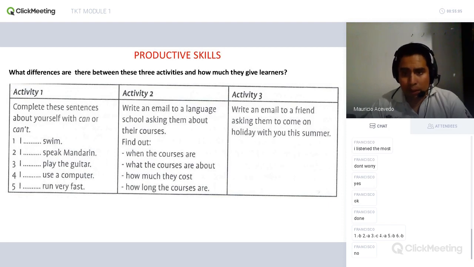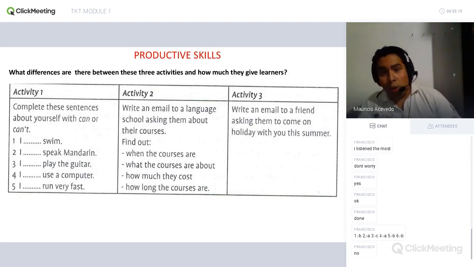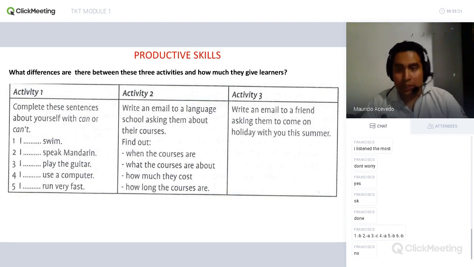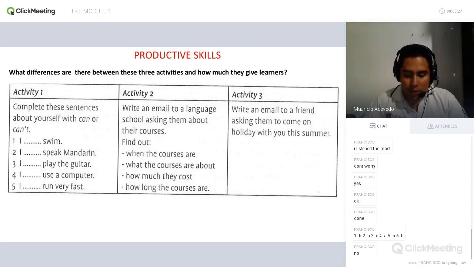So tell me very quickly, Francisco, with no pressure, what do you think is the difference between the three of them, and how much freedom do these activities give to the students? Can they be themselves, or are they guided, or are they controlled? Go ahead, please, Francisco. I will wait for your answer. You don't have a timeline. You can spend as much time as you want.